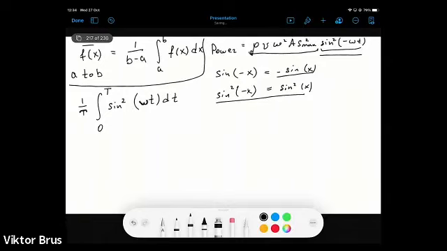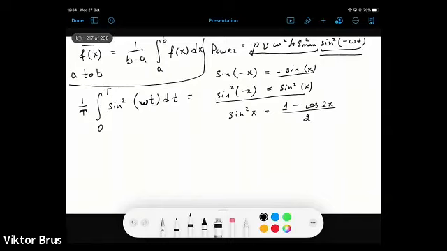Now, another thing: because we cannot integrate sine square directly, there is a trigonometric relationship which defines sine square x as 1 minus cosine 2x, divided by 2.